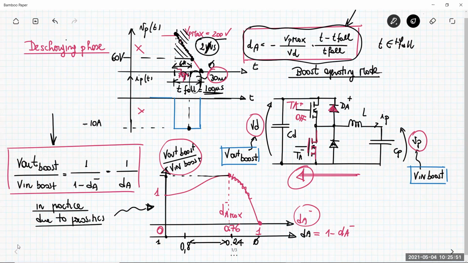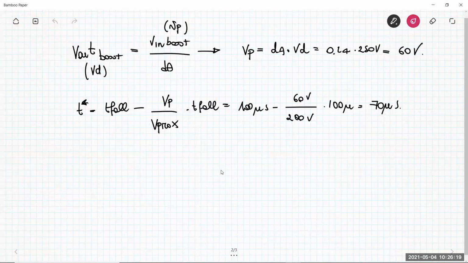We can find that the time interval in which you have an effective boost is 70 microseconds, because we know that the duty cycle is 0.24. Vp max is 200 volt, Vd is 250, and T fall is 100 microseconds, so the only unknown is T. So we derived T from that expression.